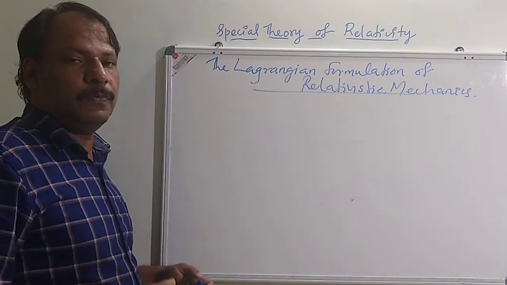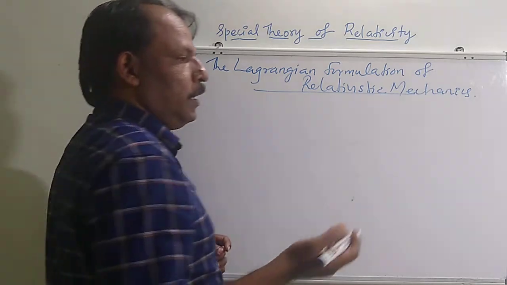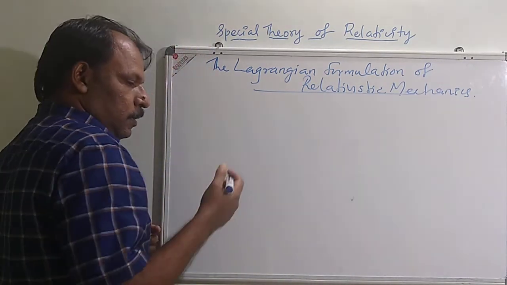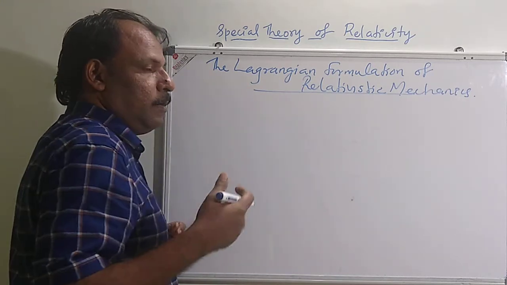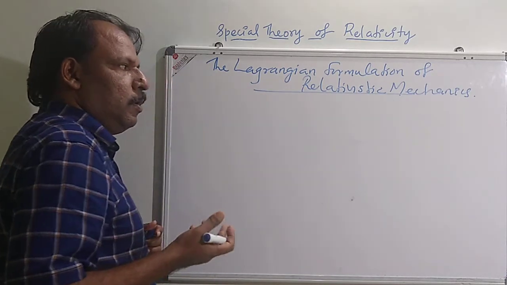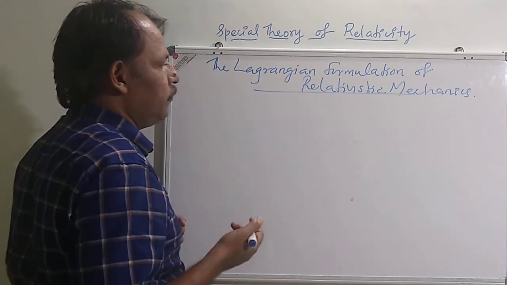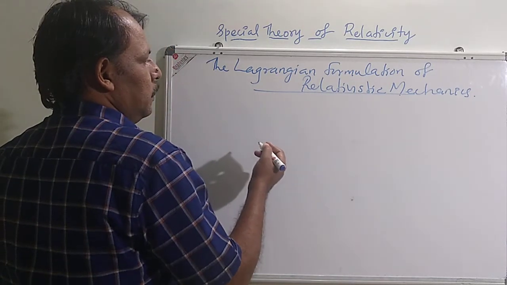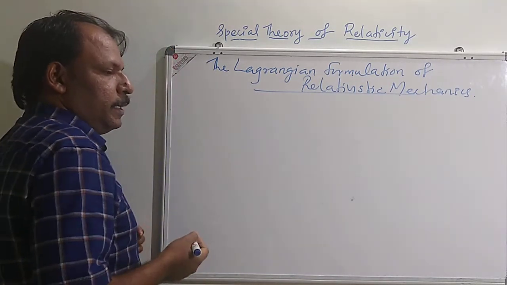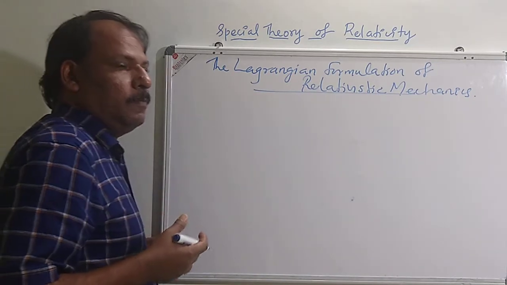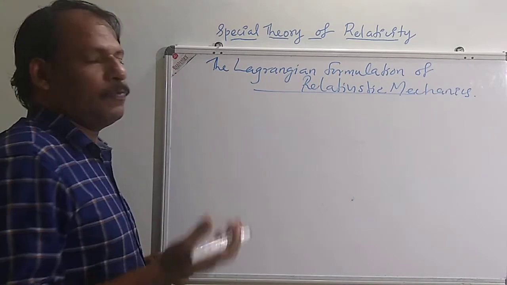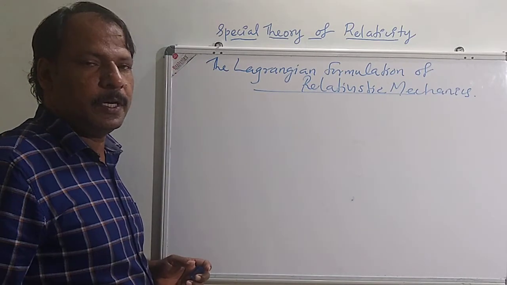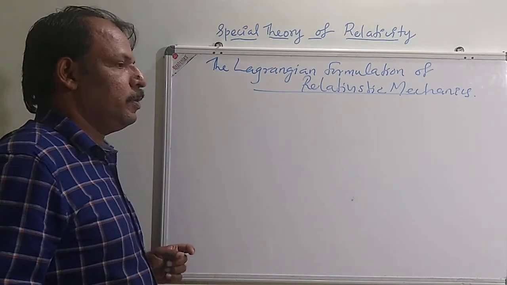relativistic formulation of Newtonian mechanics. We have obtained the four vector formulation, and we transformed the four vectors. We represent the physical quantities in four vectors such that they can be transformed from one coordinate system to another using Lorentz transformation equations.